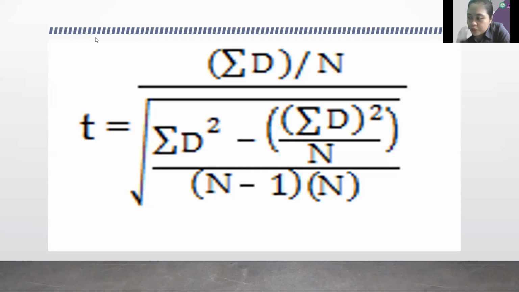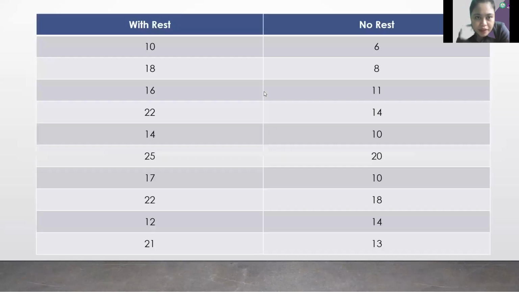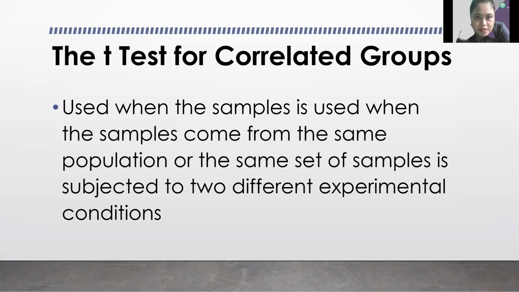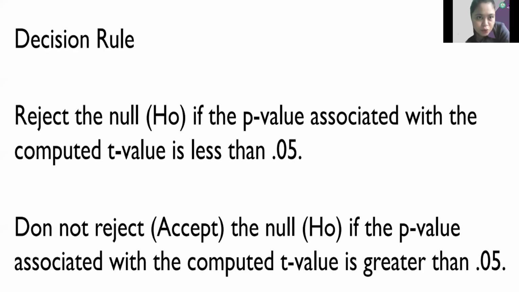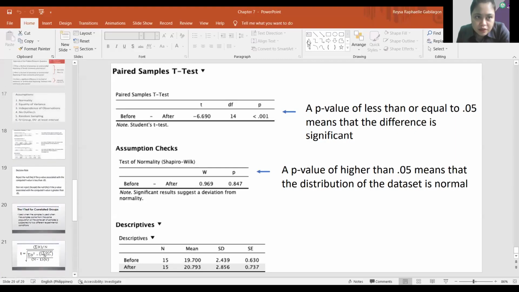Please be updated with the schedule for the special quiz. I don't know yet kailan ako magkakaroon ng extra time for that. Again, we will be doing this sa next meeting after the quiz. Itong paired t-test. So iba din siya. Iba yung ating gagawin dito.